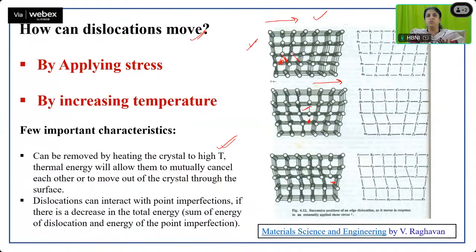But there is also another way. Okay, how can the dislocation be annihilated? They can be removed. Suppose you are applying the stress or you are increasing the temperature and the dislocation are moving, and somewhere close by you have an edge dislocation in this direction, and just below you have an edge dislocation in this direction.